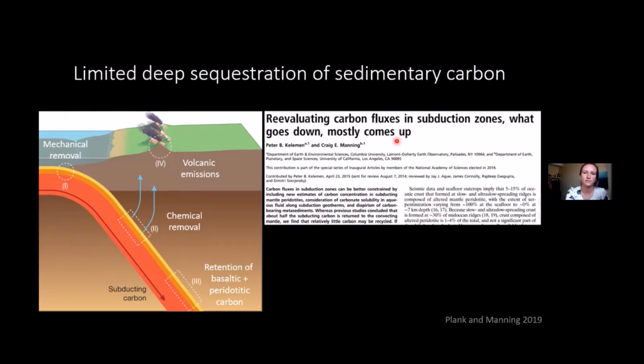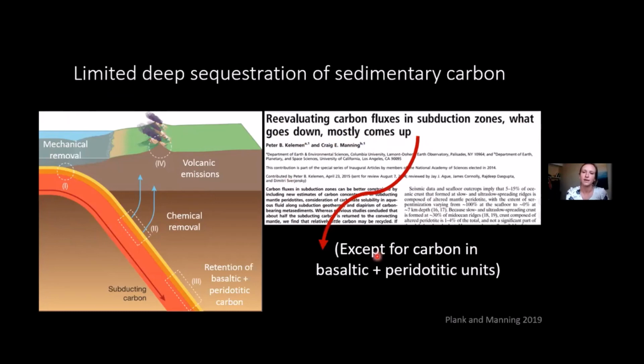However, I do think there could be an addendum to this title suggesting that carbon in basaltic and peridotitic units of the subducting slab may, in fact, be able to be transferred into the deeper mantle.